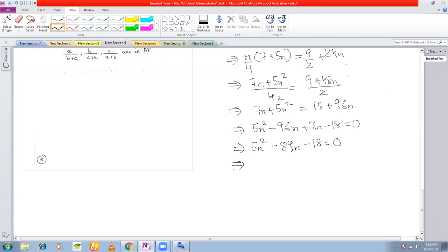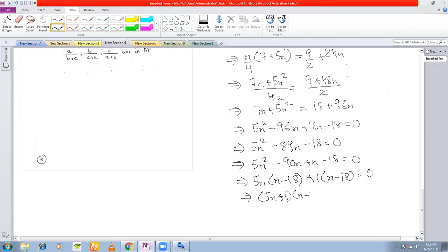Now 18 into 5 is 90, right? Now 90, how will you break 90 to get 89? It is minus 90 plus n, right? So minus 90n plus n minus 18 equal to 0. So now this is 5n into n minus 18 plus 1 into n minus 18 is equal to 0. That means this has been factorized as 5n plus 1 into n minus 18 is equal to 0.